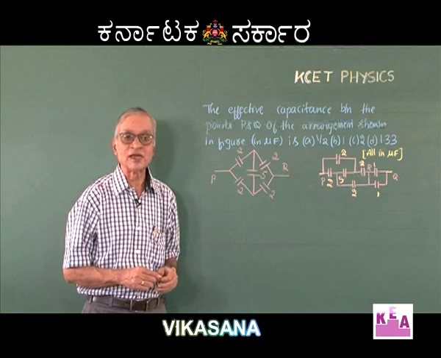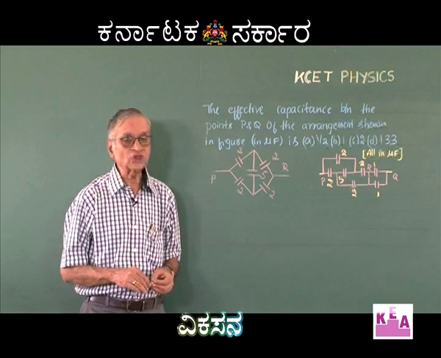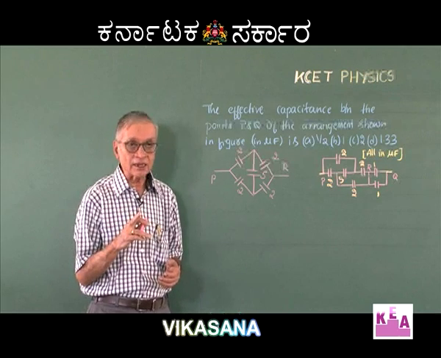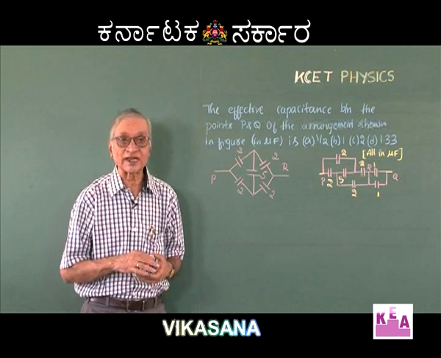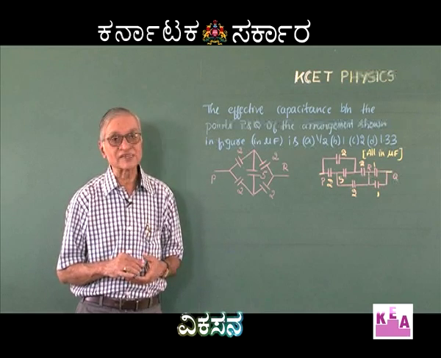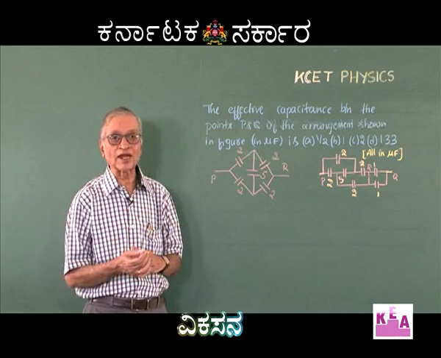Therefore, it forms balanced Wheatstone's network. Please note that even though Wheatstone's network is considered to be only for the resistances, it can equally be applied to capacitance. Otherwise, there is another way to look at it.